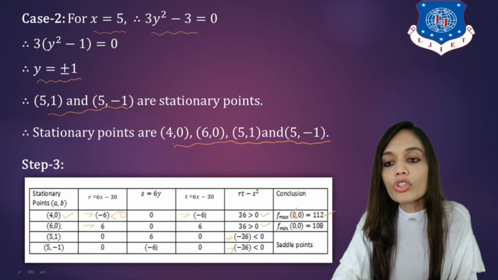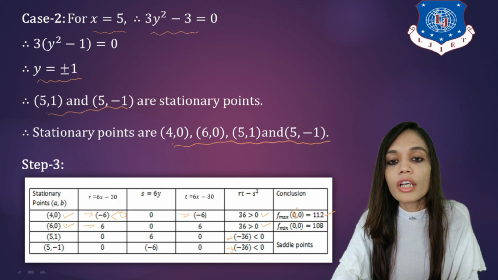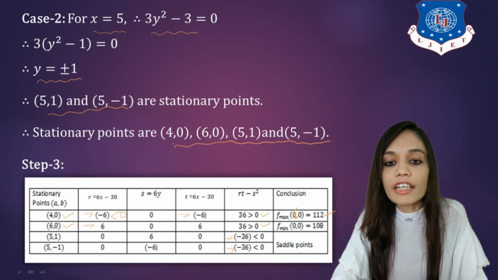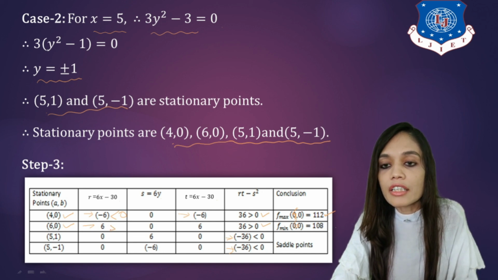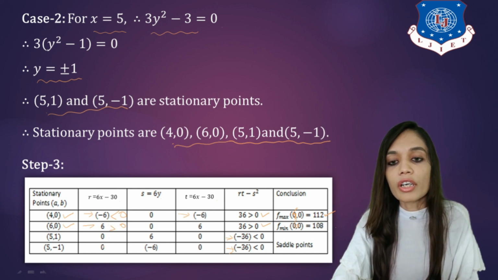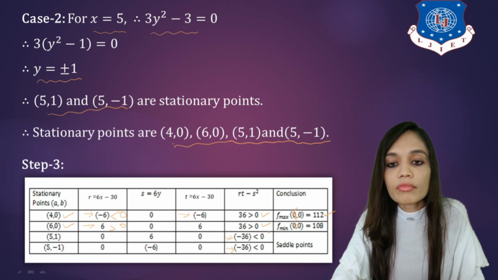And lastly, put the point (6, 0). So on putting the point (6, 0) in our question, you will get minimum value at the point (6, 0) as 108 because our r is greater than 0, right? And in last 2 points, rt minus s square is less than 0, so we get saddle points.